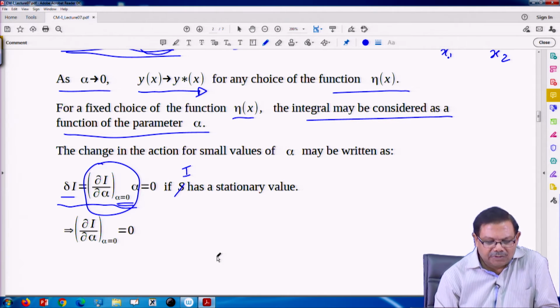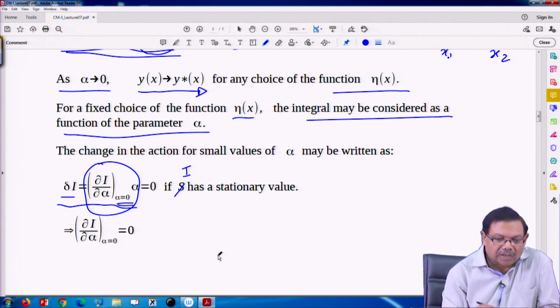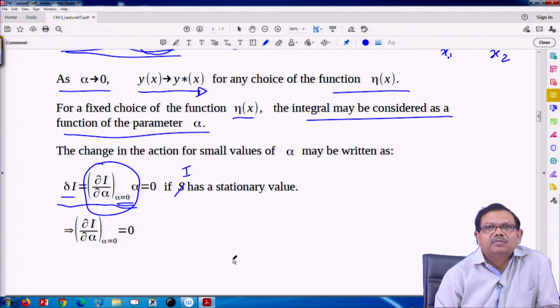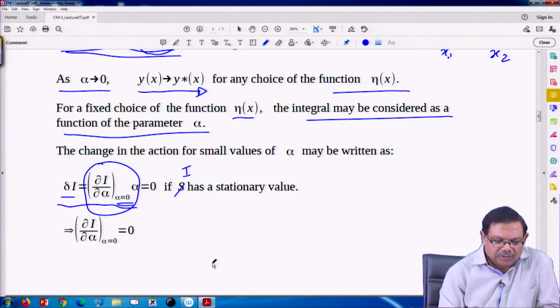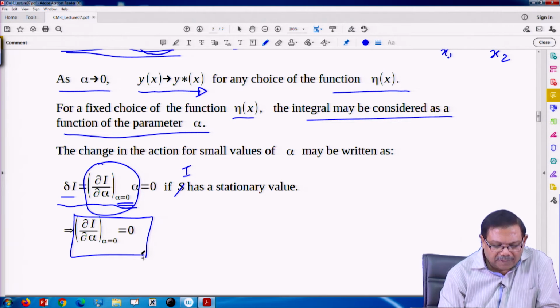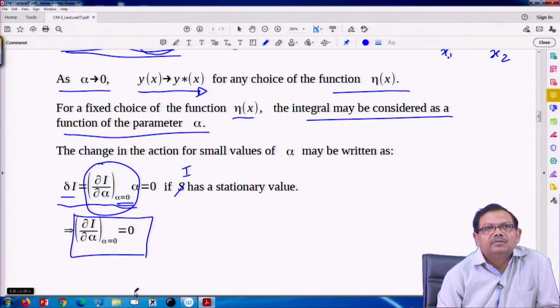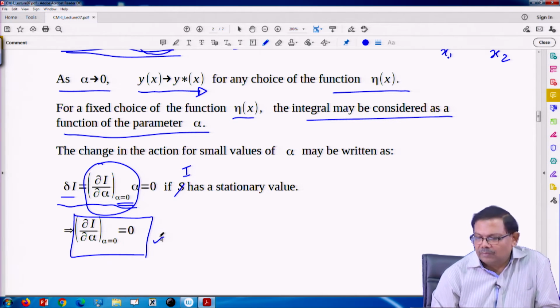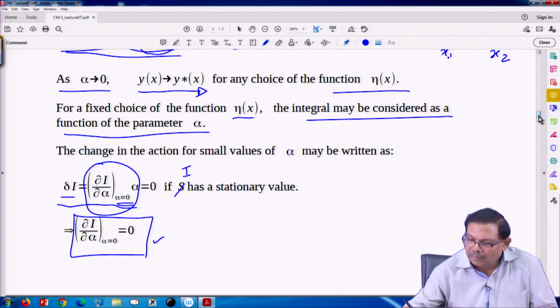If it remains so there, then for a small variation on that, as alpha is becoming smaller and smaller, this variation is going to 0. So, that will mean the derivative of the integral with respect to alpha evaluated at alpha equal to 0 must be 0. Okay.